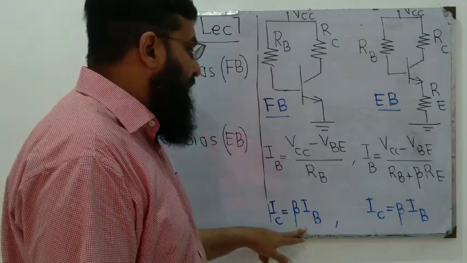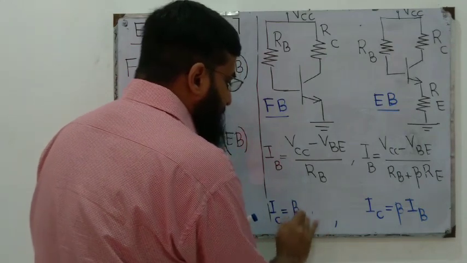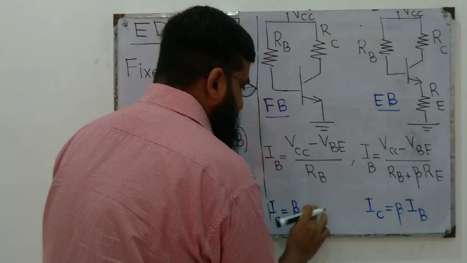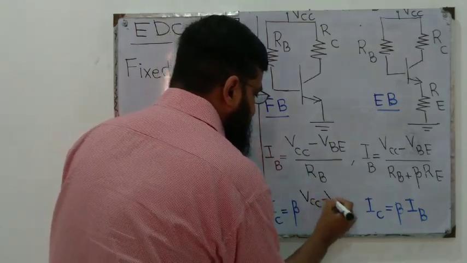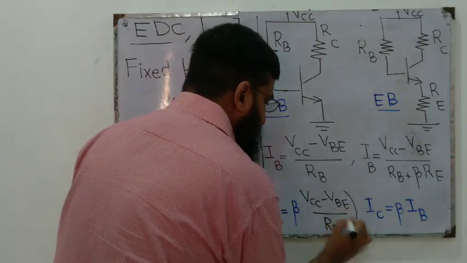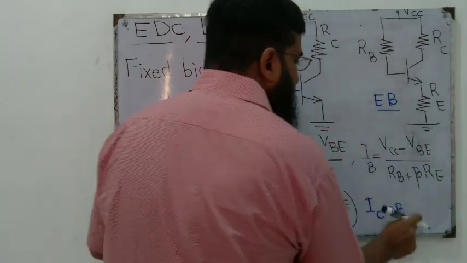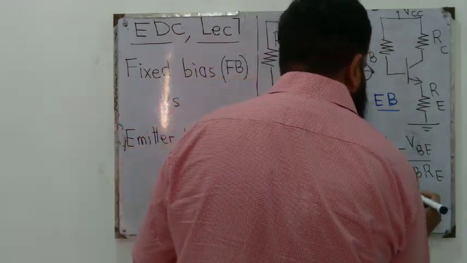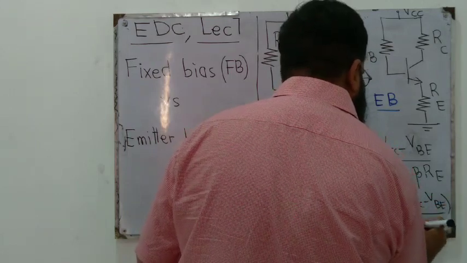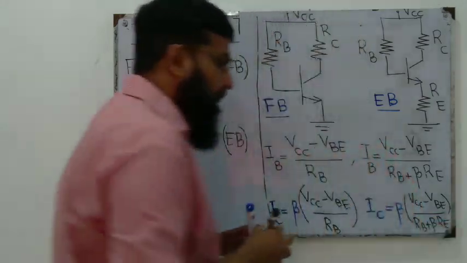If you put the actual value of IB from this earlier equation, this becomes beta times VCC minus VBE over RB. Whereas if we put this IB here, it's VCC minus VBE over RB plus beta RE.